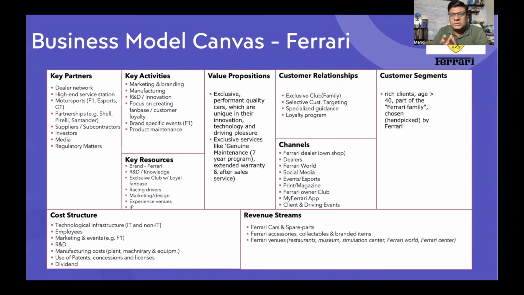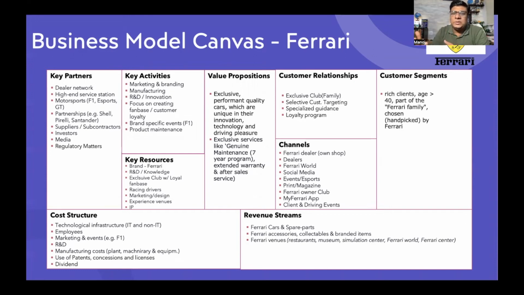What value proposition do they bring to their customers? Very exclusive, high-performance, quality cars that are unique in innovation, technology, and driving pleasure, plus exclusive services like genuine maintenance, the 7-year program, extended warranty, and after-sales service.